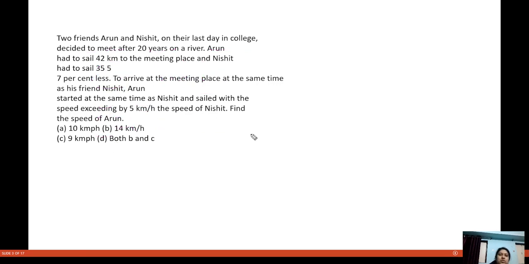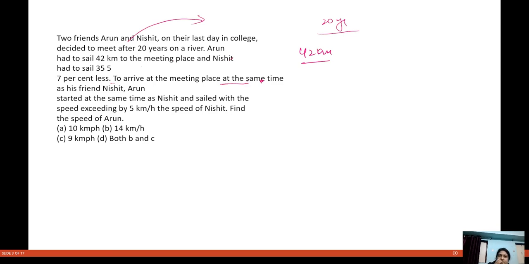So carefully read this question. Actually, in this question, what is given to you? You are given that these friends are trying to meet after 20 years on a river. Arun had to sail how much? 42 kilometer to the meeting place.